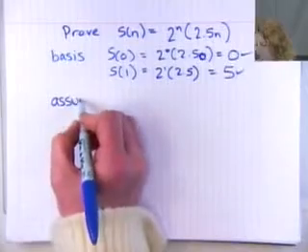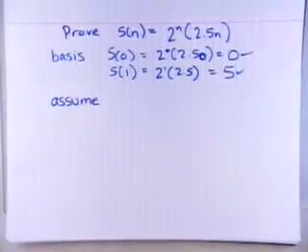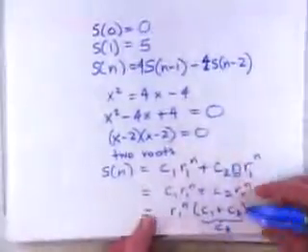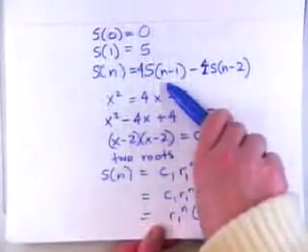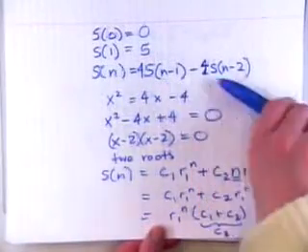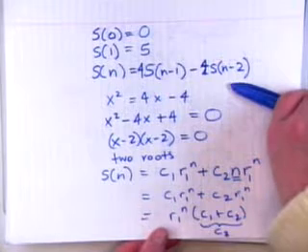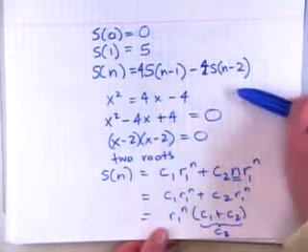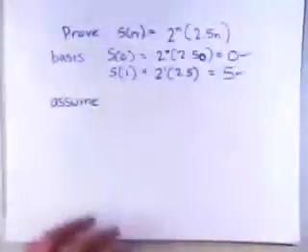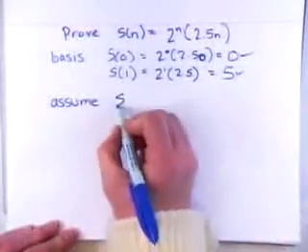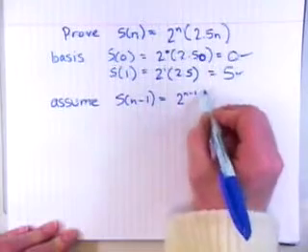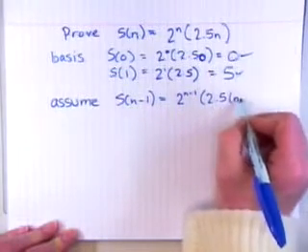Then I need to make an assumed step that has 2 points in it, the 2 things that were in my recursion definition. I need an assumed step for S of n minus 1 and an assumed step for S of n minus 2, both written in closed form. So S of n minus 1 is equal to 2 to the n minus 1 times 2.5 times n minus 1.